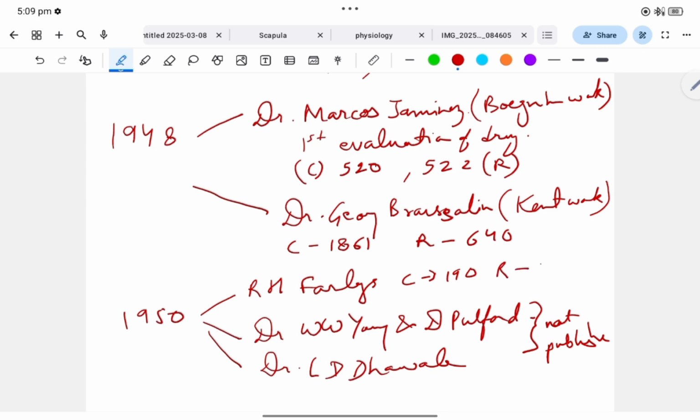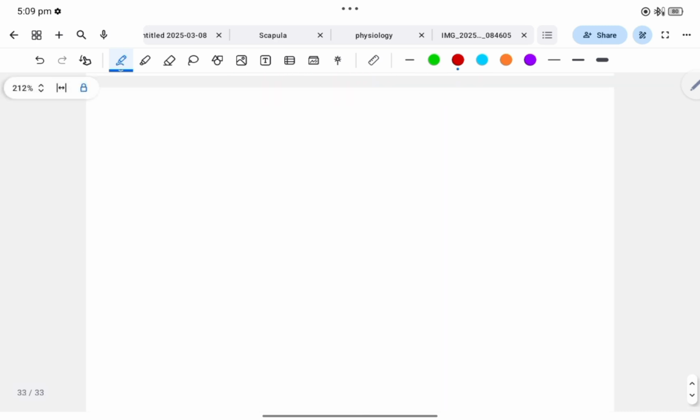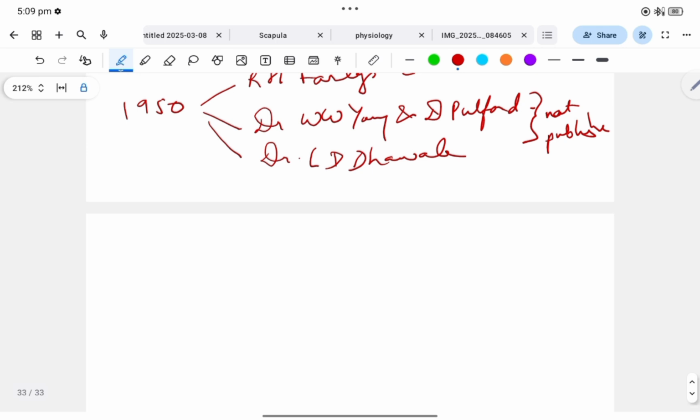Number of remedies 274. Then in 1955, Dr. P. Sankaran prepared a card repertory which was based on Boger's work.